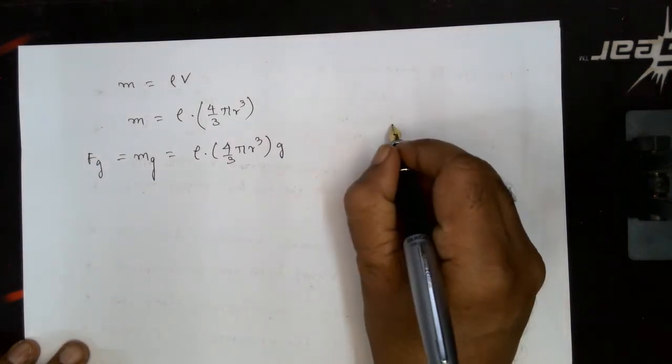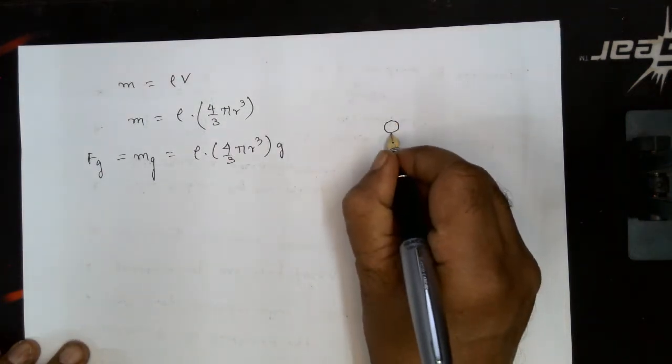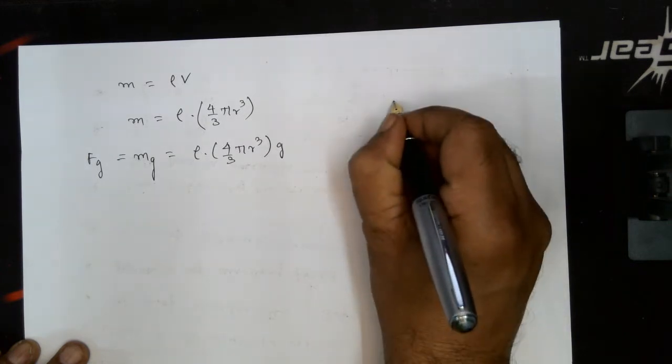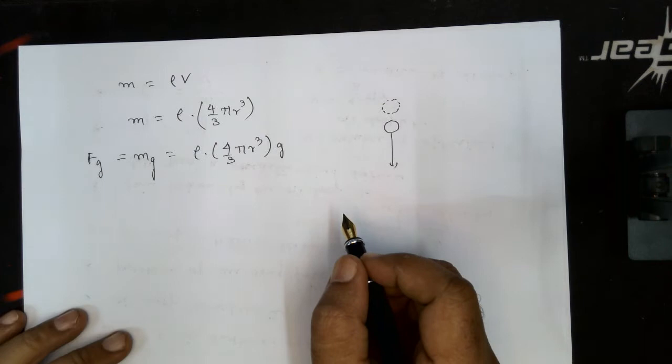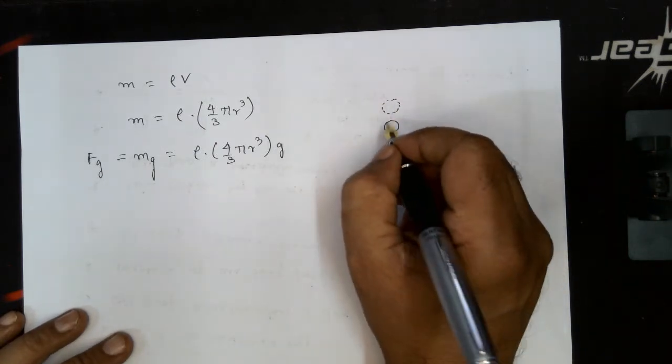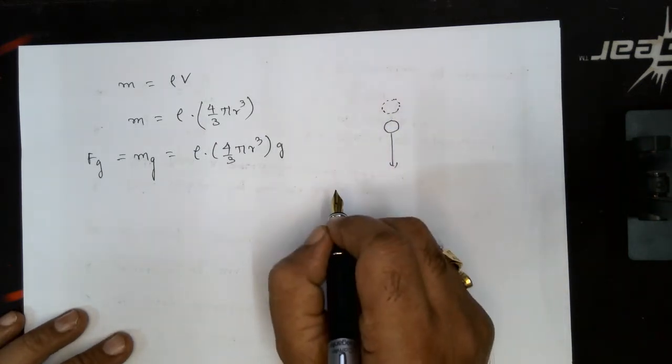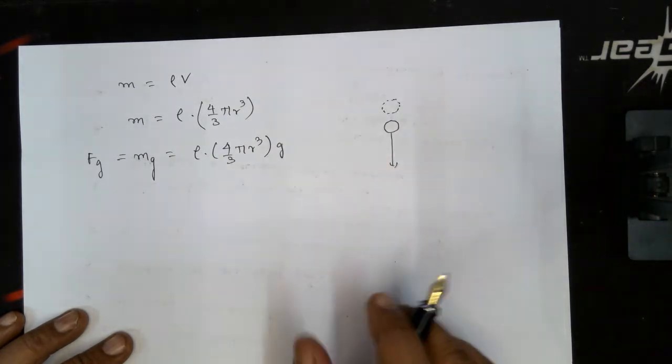Now when the oil is moving downward, it has to replace an equal volume of what? Oil droplet, that is air here. Is it not? It has to replace like this.